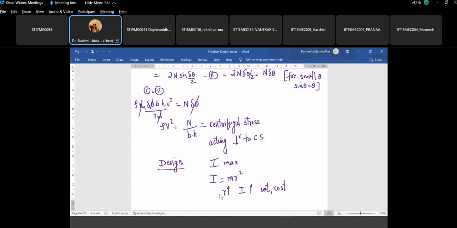But you cannot increase the value of R to a very high value because then space becomes a constraint. So the maximum value of R depends upon what is the space available.